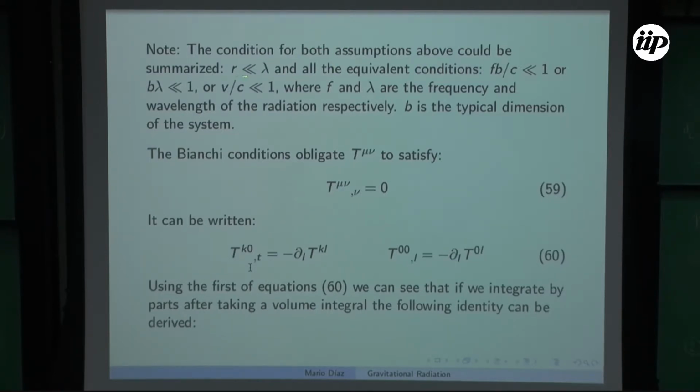One is that the size of the source is much smaller than the wavelength: if b is the typical dimension of the system, and f and lambda are the frequency and the wavelength of the radiation respectively, then f b divided by c is much smaller than 1, or b over lambda is much smaller than 1. Or equivalently, the typical velocity compared to the speed of light is much lower.